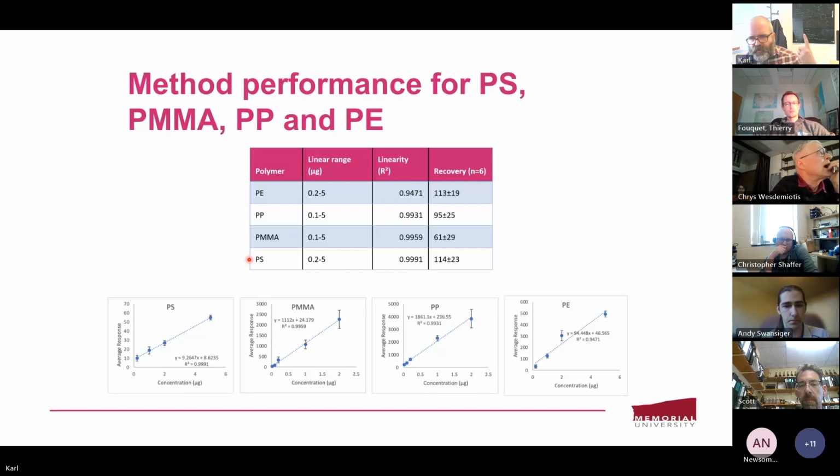I suspected it was every polymer individually. No, they were mixed. But maybe one polymer is suppressing another. It's a fairly complex process that's happening in the pyrolyzer that sometimes us analytical chemists don't think about. At least I'm not thinking about. Yeah, a binary mixture would be easier to interpret then. Yes, that's right.